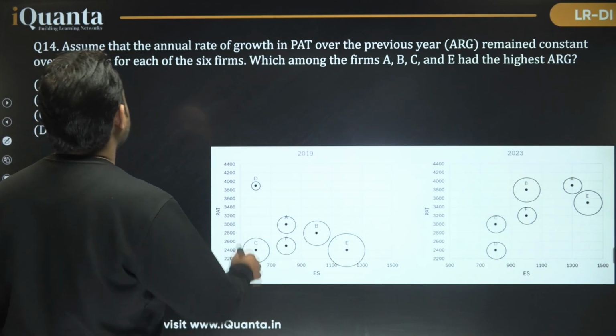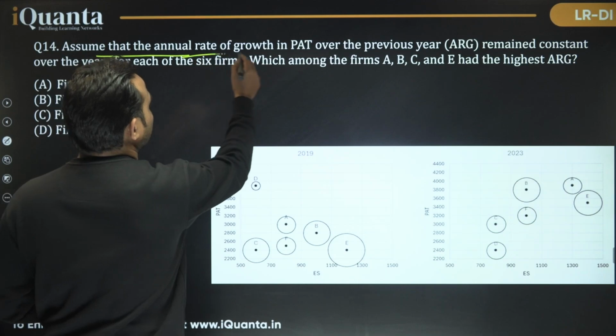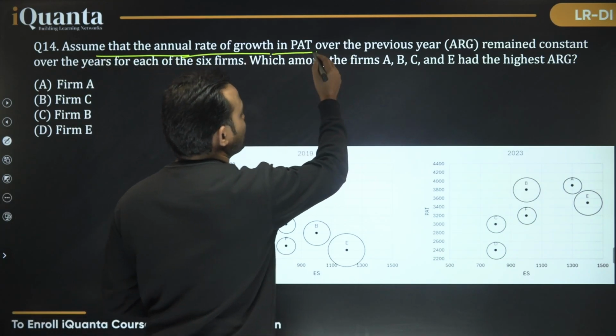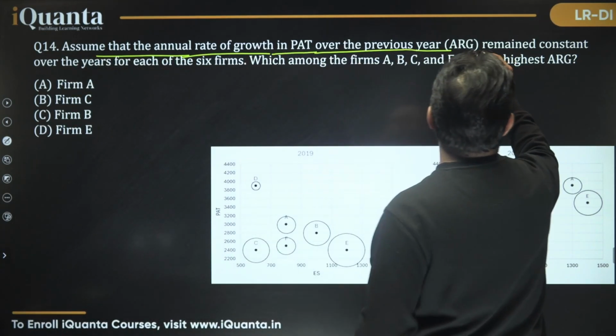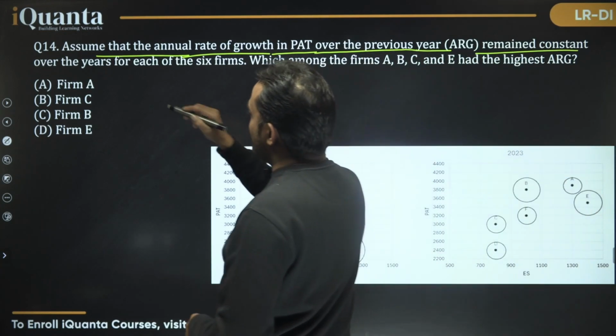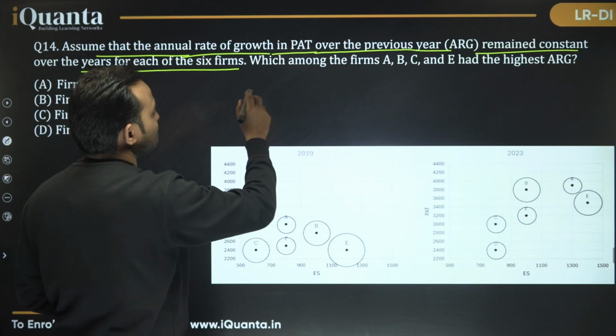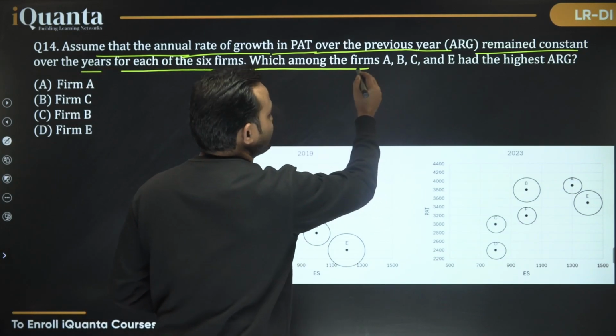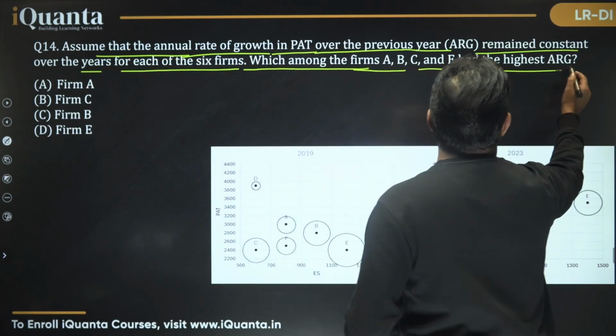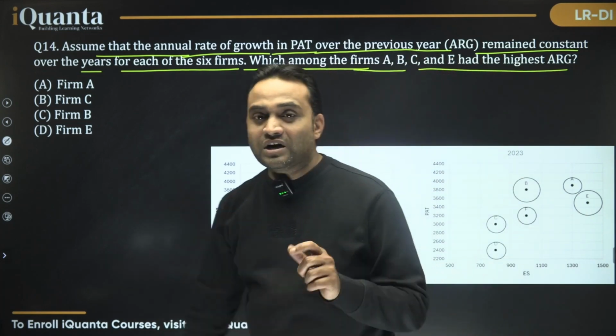The first question says, assume that the annual rate of growth in PAT over the previous year remained constant over the years for each of the 6 firms. Which among the firms A, B, C and E had the highest ARG? So annual rate of growth.